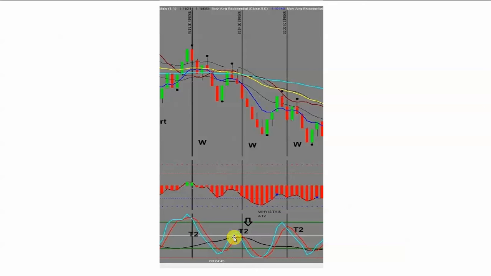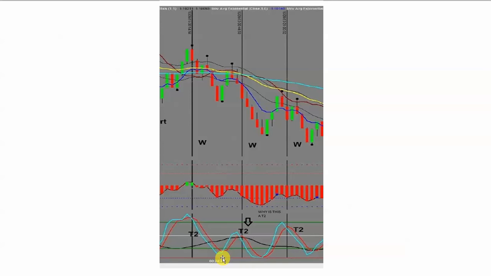This has gone up just to the 50% level, and you can see here that the long-term stochastic is not oversold, which would be the ideal situation. This is sort of more the ideal setup, and this one's almost textbook as well. This one here you can see the long-term stochastic. However, I still mark that up as a T2 because close enough is really good enough most of the time.